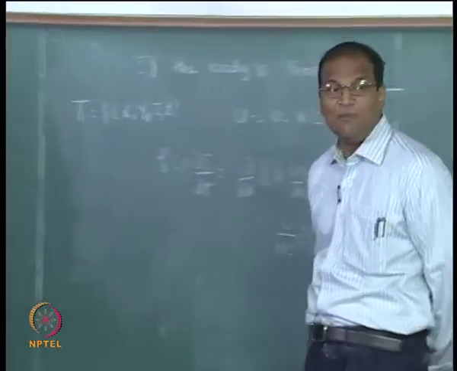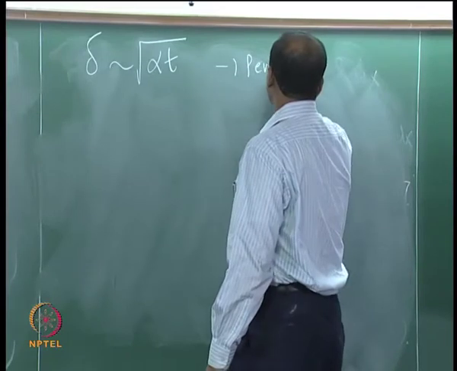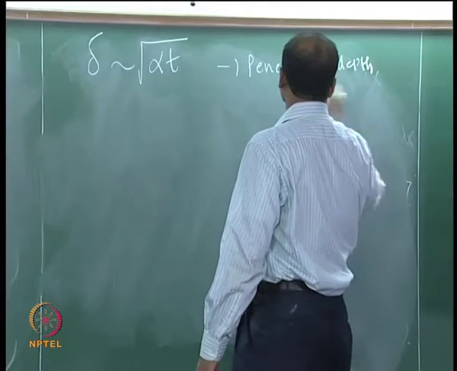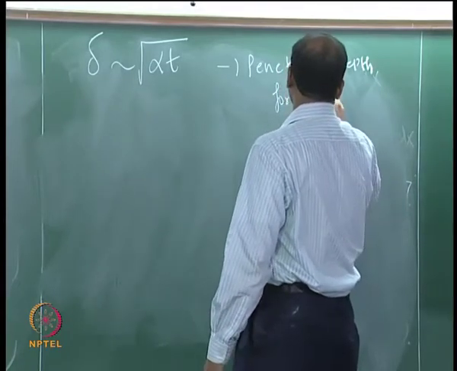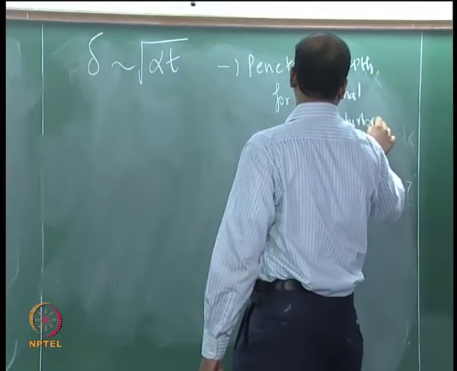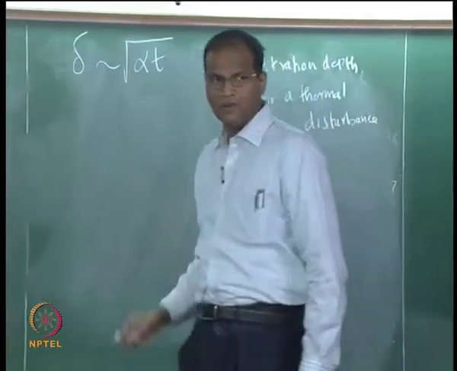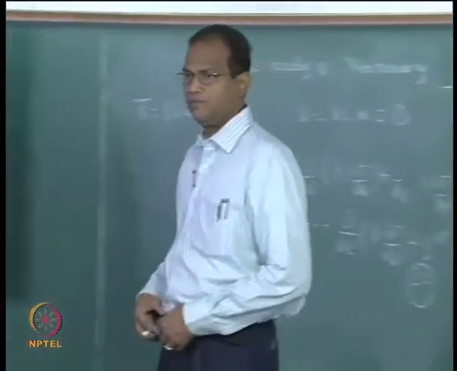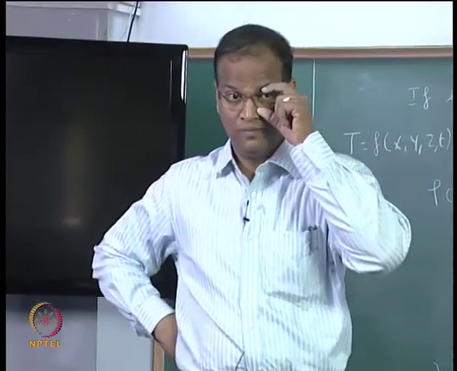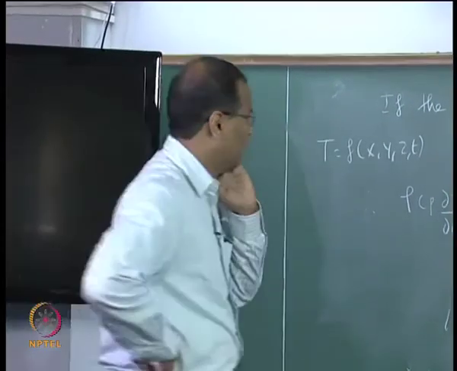This is the penetration depth for a thermal disturbance. Okay, so it is the product of alpha into time.